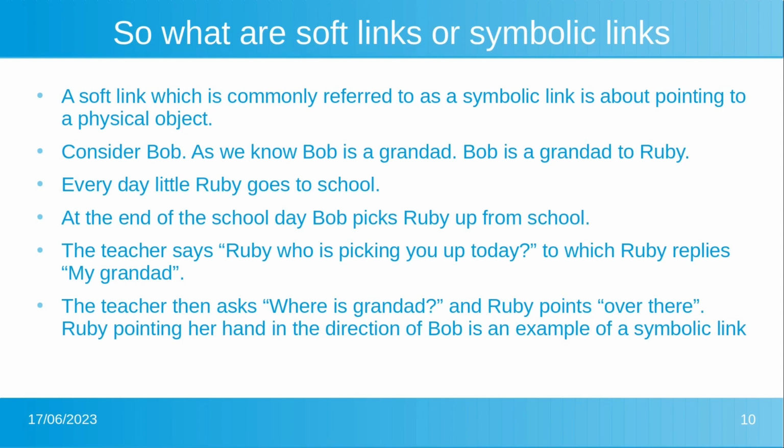The teacher says, "Ruby, who is picking you up today?" And Ruby replies, "Grandad." And to make sure that Ruby is being picked up by someone, the teacher says, "Can you tell me where Grandad is?" And Ruby extends a hand and points. "There's my Grandad over there." And that is an example of a symbolic link. Ruby is pointing to Grandad.